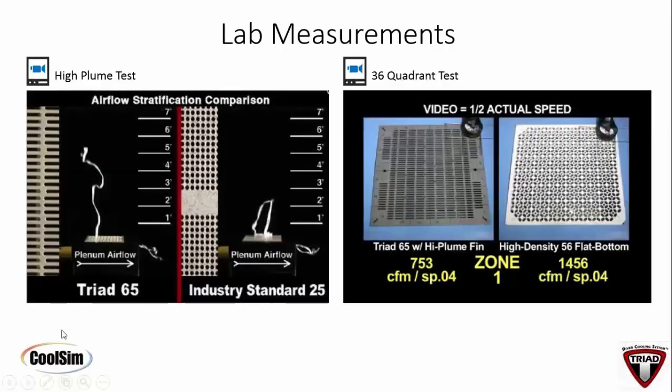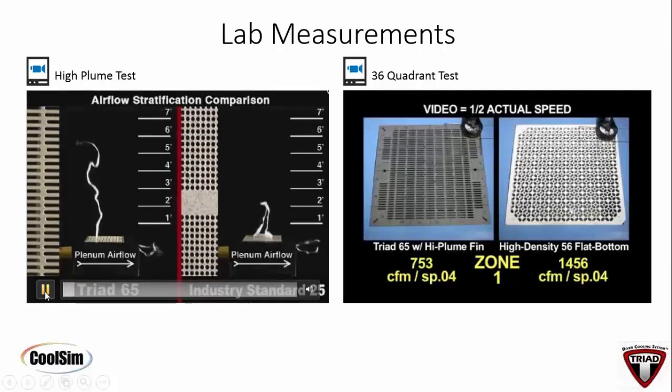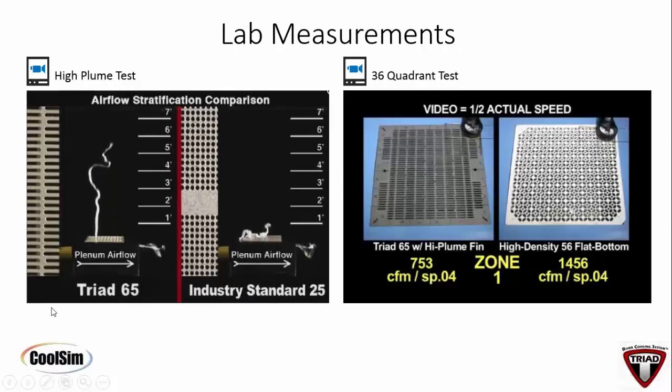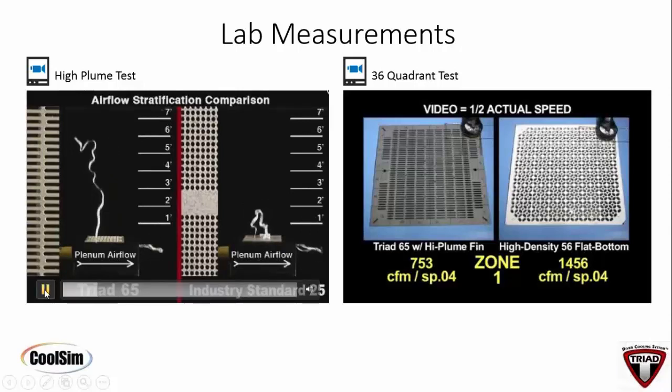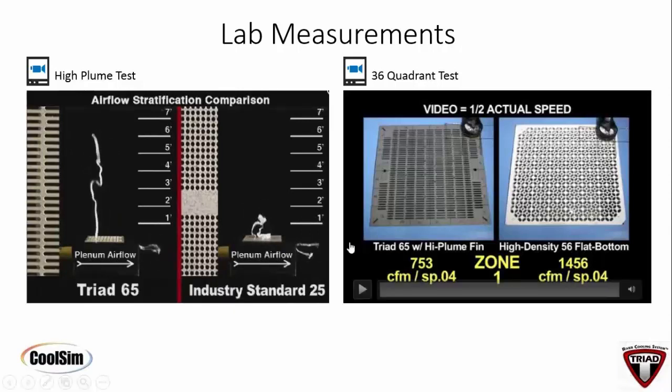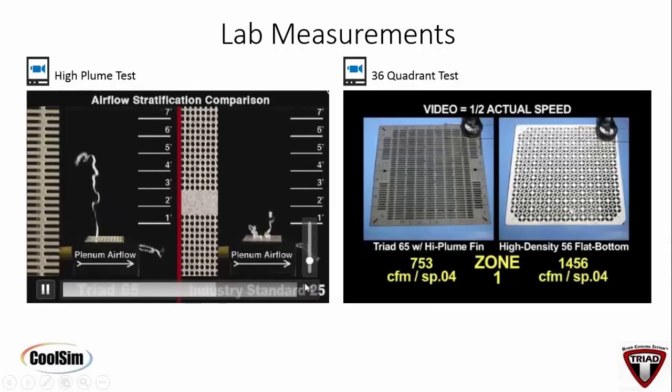Now, Gary, you had done some testing here, and I'm going to turn these videos on and let them run. If you could just describe what we're seeing, that'd be great. On the left there is some of our early analysis when we first started being asked to analyze what's happening with the airflow.